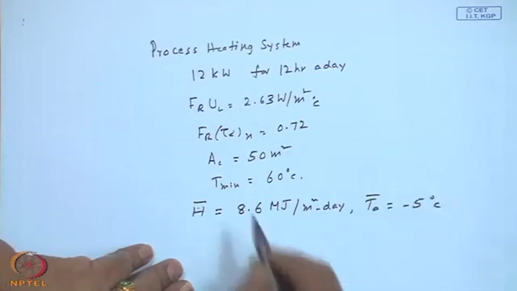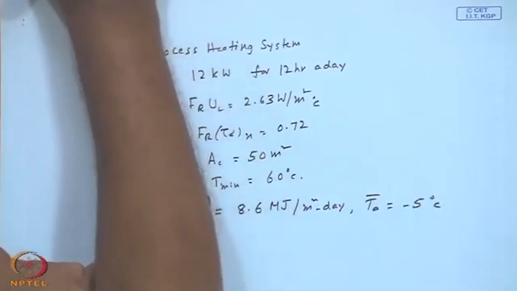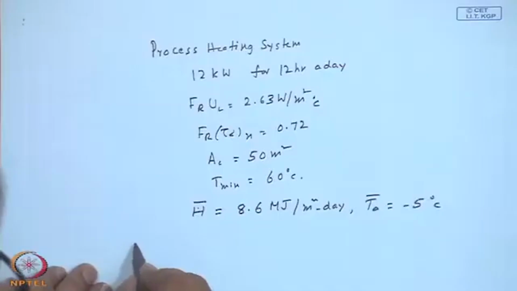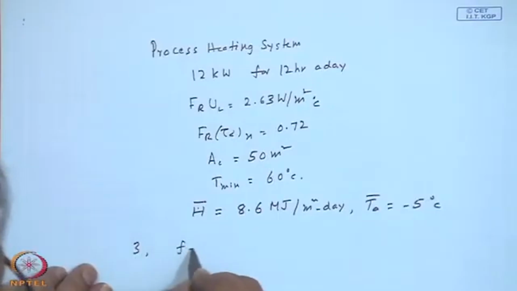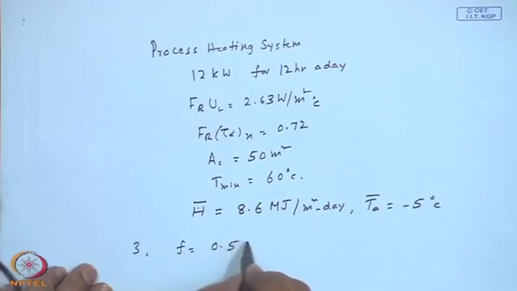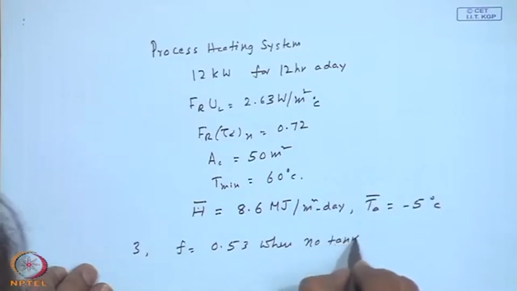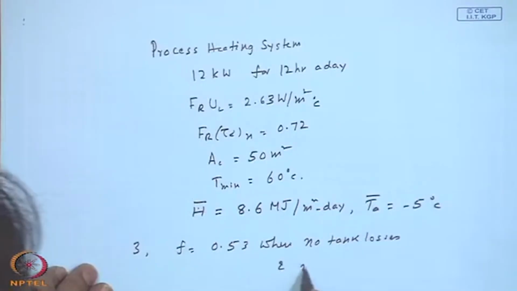degrees C. So, we calculated the dimensional critical radiation level, and then the non-dimensional critical level and the monthly average daily utilizability, and the solar load fraction F equal to 0.53 when there are no tank losses and an infinite heat exchanger.